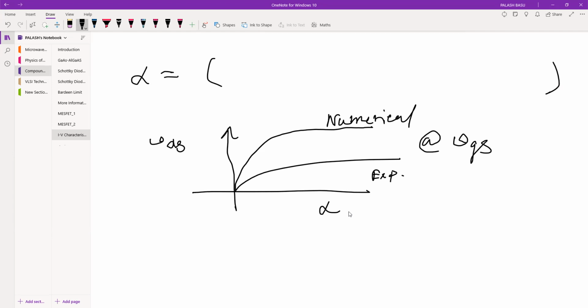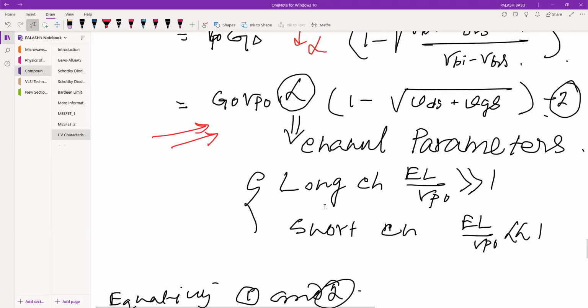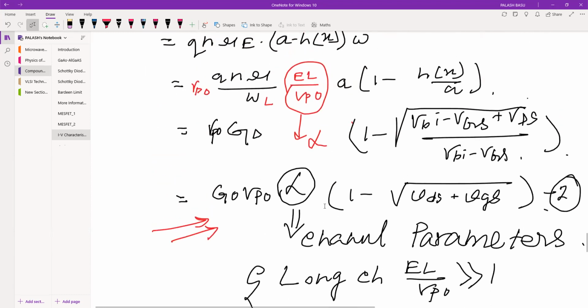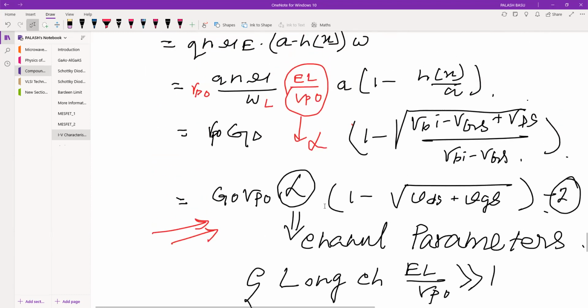Now, what is the best fitting? So we got a numerical from that. I hope you understand how you do the curve fitting properly. There is a MATLAB tool you already have. You just take the G0 value, because you know the dimension, so you know the conductance. For a particular diameter, you can calculate VP0.